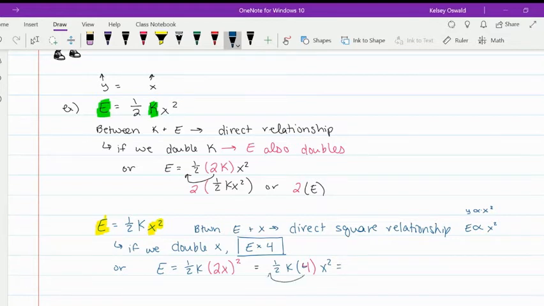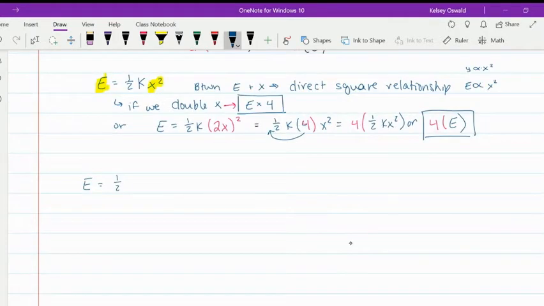If we pull that 4 out to the front, we are going to see that we now have 4 times our initial 1/2 kx squared, or 4 times our initial value for e. So no matter which way you think about this, we're going to have 4 times our original value for e.